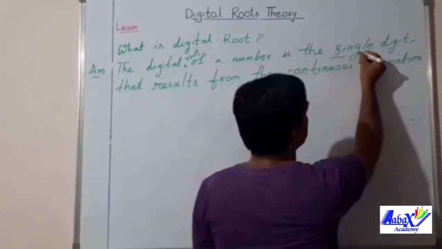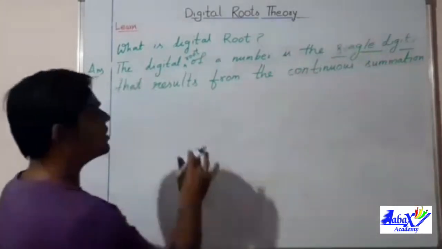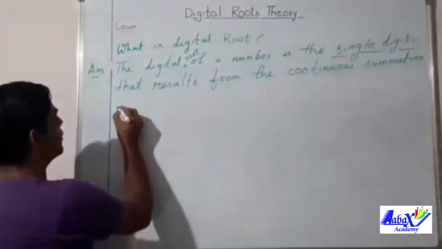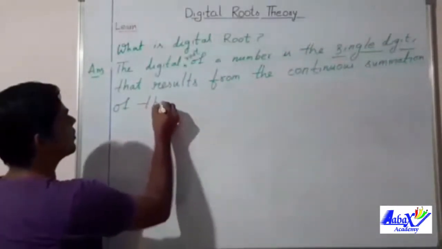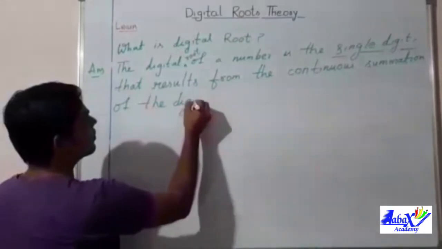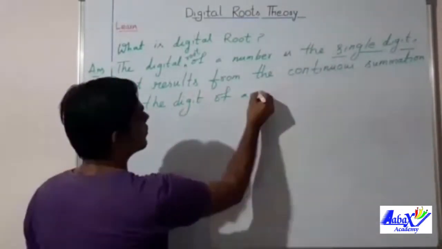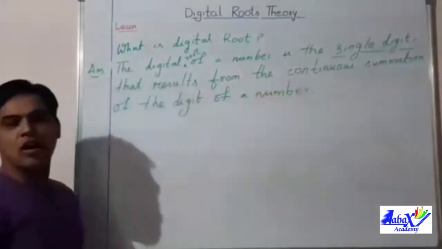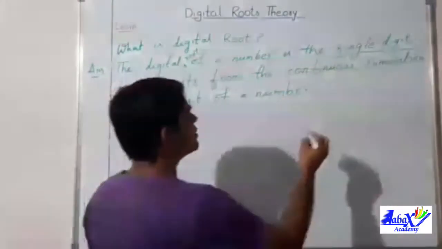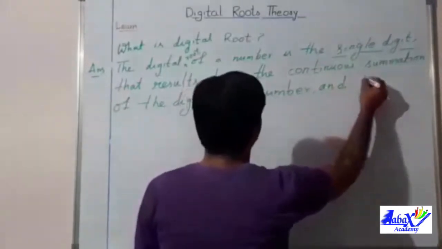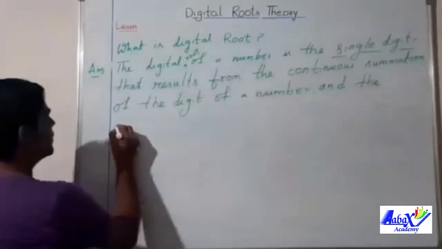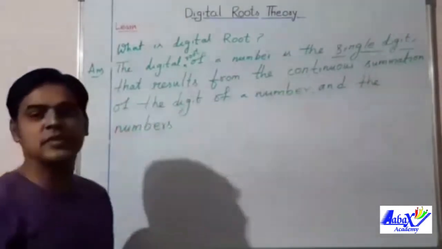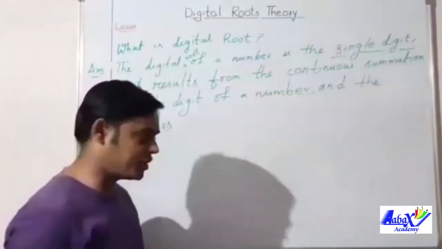It's important: it is the single digit that results from the continuous summation of the digits of the number and the numbers resulting from each summation.